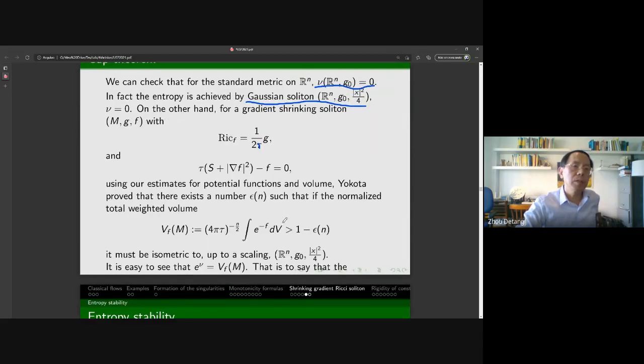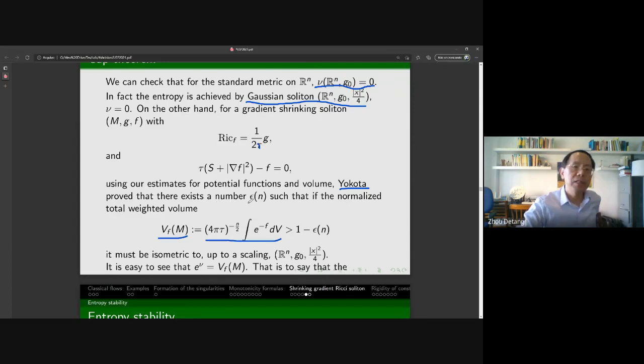There is a gap theorem done by Yokota. He proved that if you compute the weighted volume, which is like this, so that means the entropy is 0, it's equivalent to this weighted volume being 1.